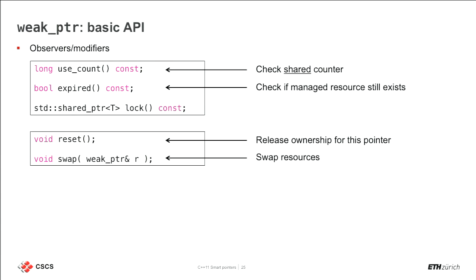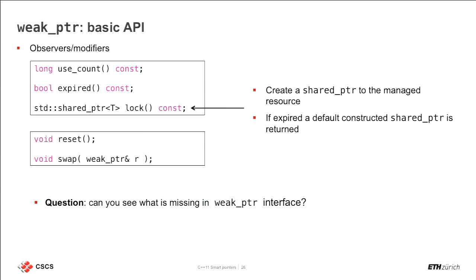But then here we have another important method, the most important here, which is this lock method that gives you the possibility to obtain a shared pointer from a weak pointer. So there are two possibilities here. If you have a weak pointer that is expired, which means that you don't have any other shared pointer pointing to the same memory resource, if you call this lock method, it will return a shared pointer to null pointer, because the resource is no longer here.